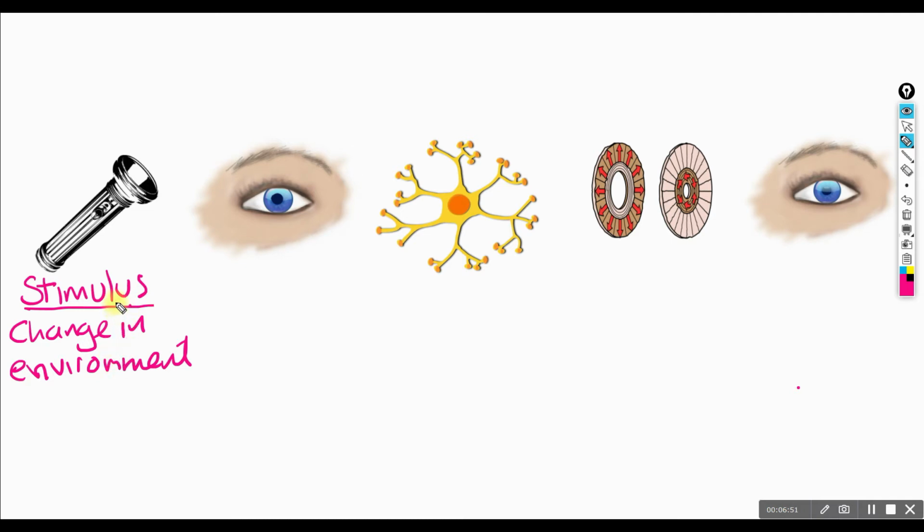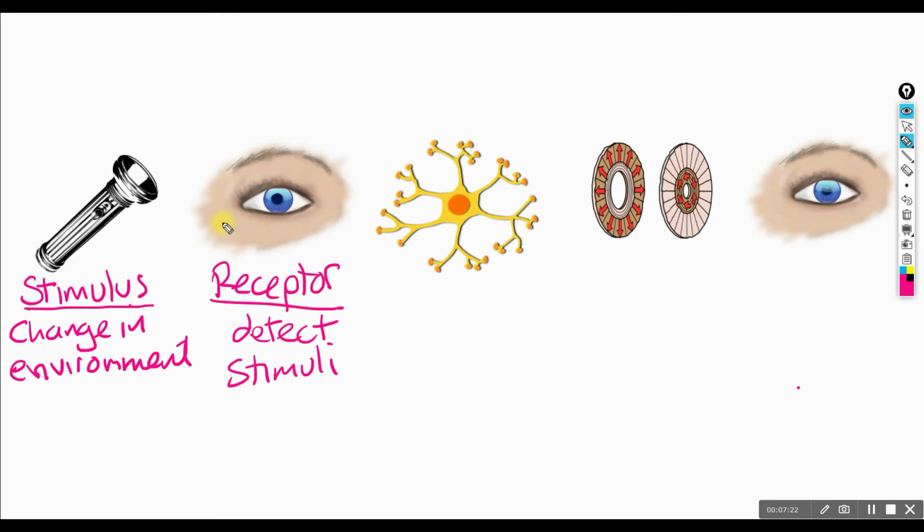Now, stimulus could be anything. It could be taste molecules, it could be smell molecules, it could be heat, it could be sound, anything that our bodies can detect. Now, a bright light is detected by a receptor organ in our eyes. So receptors detect stimuli.